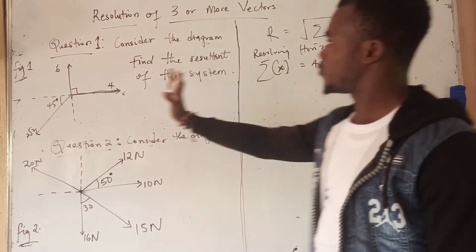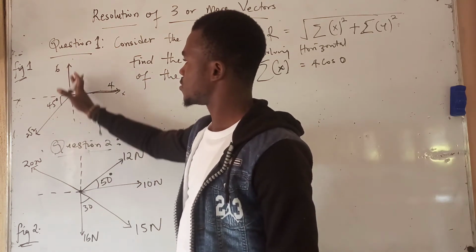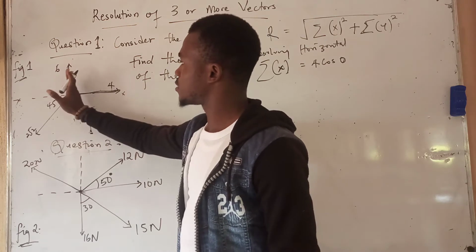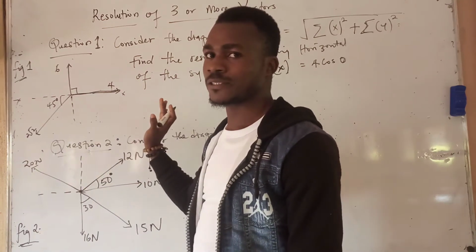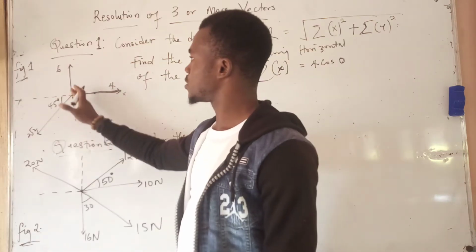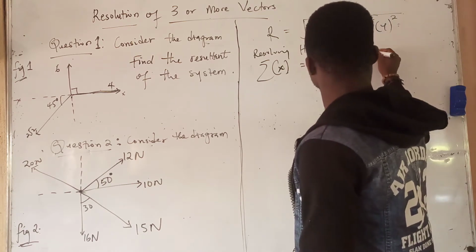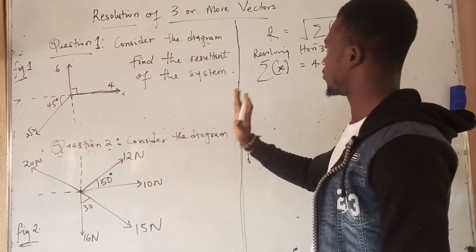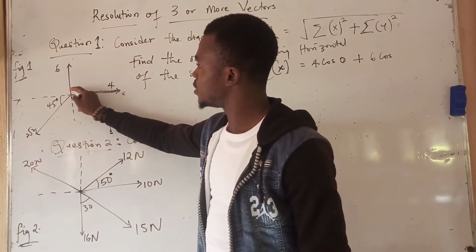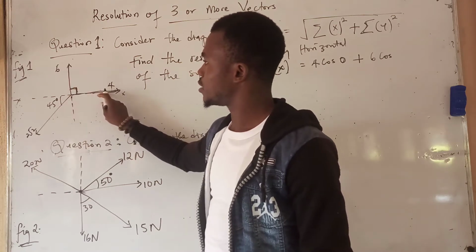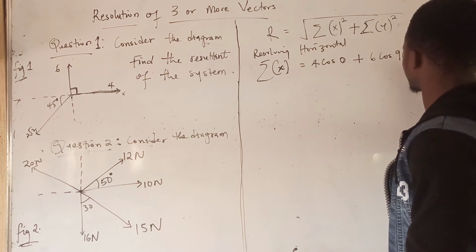Now the next one, when we get to this part, this is just lying between, such that we don't know if it is at the positive side or at the negative side. So what we do is we write positive 6, then we are resolving for the horizontal, so it will be cos, then the angle it makes with the horizontal is 90. That's the right angle there, so it's 90.